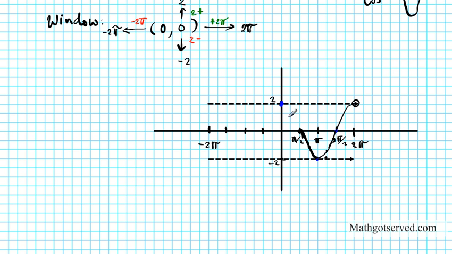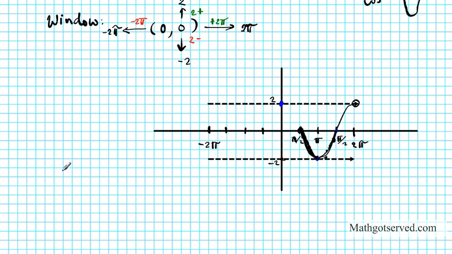Okay? So you notice that this piece is missing. So this is a closed circle right here, and then it goes like that. Okay? So that's the graph of your cosine function from pi over 2 to 2 pi. Okay? So there you have it.